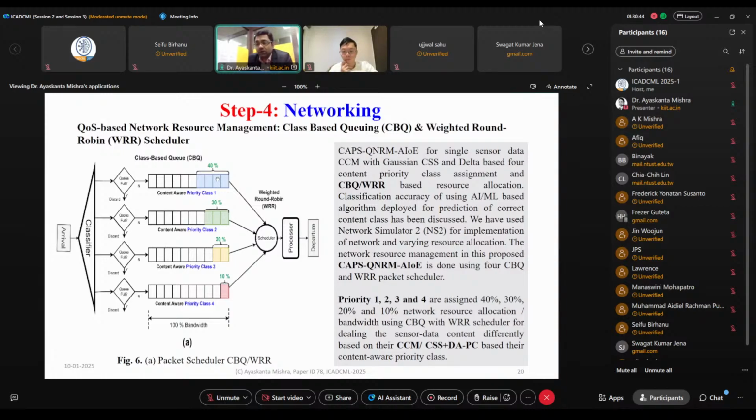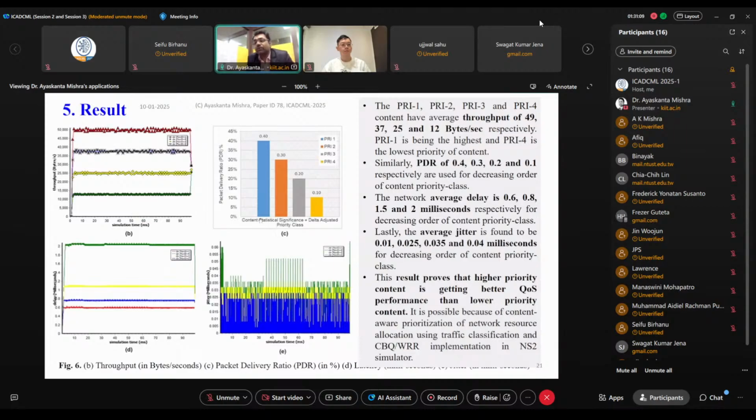Based on the priority of the sensor data, we are assigning a resource percentage. In this case, priority 1 gets 40%, priority 2 gets 30%, priority 3 gets 20%, and priority 4 gets 10% of the network resource, based on the weighted round robin scheduler. Here we are putting a weighted round robin scheduler, which is quite standard. So this shows the network performance, which we have done on the network simulator 2, NS2.